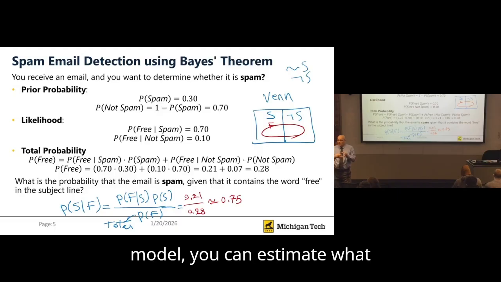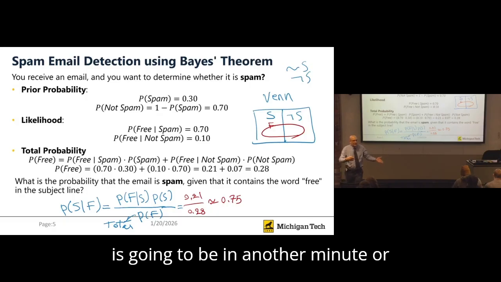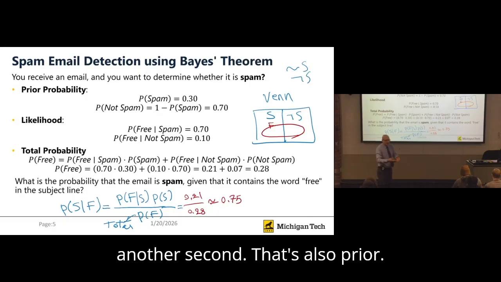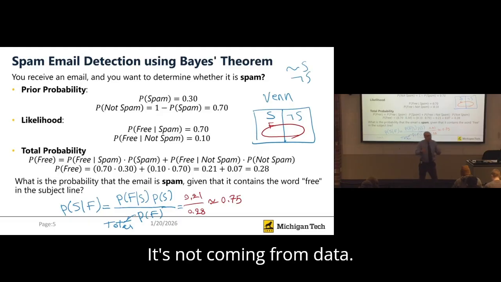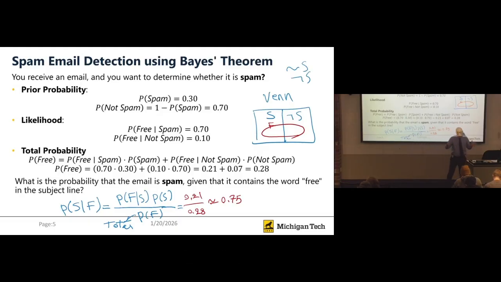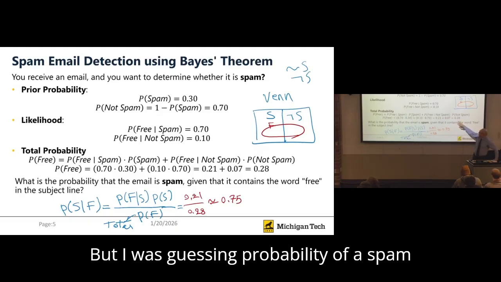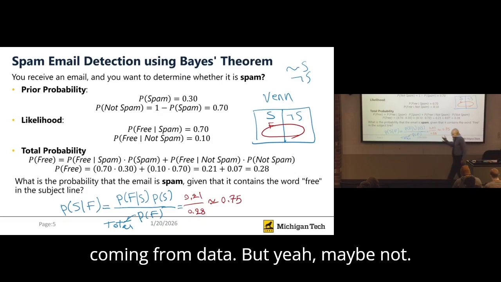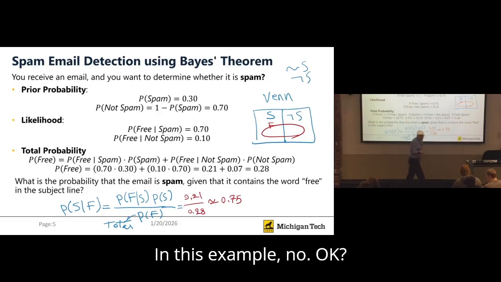Based on the model, you can estimate what is going to be in another minute or another second. That's also prior. It's not coming from data. I was guessing the probability of spam coming from data, but maybe not. In this example, not, okay?